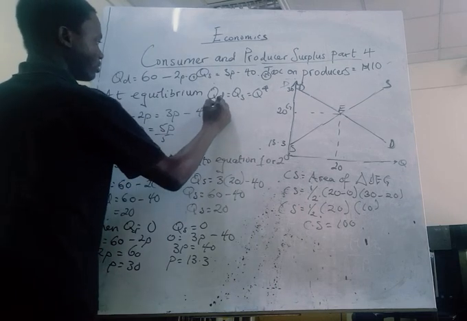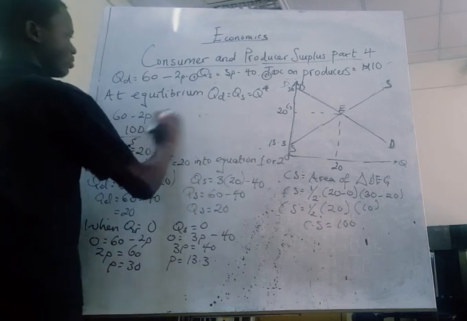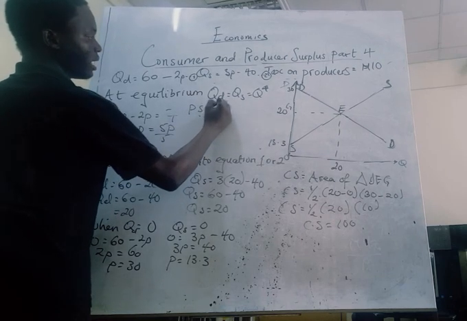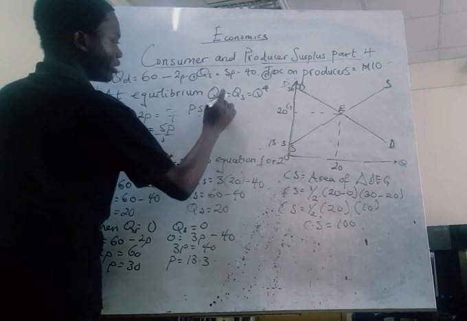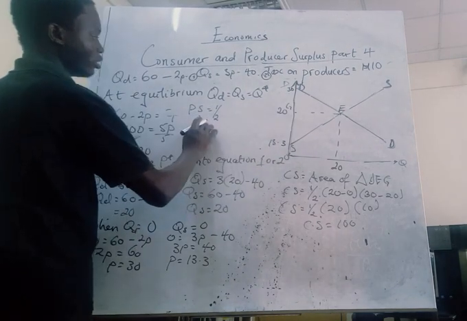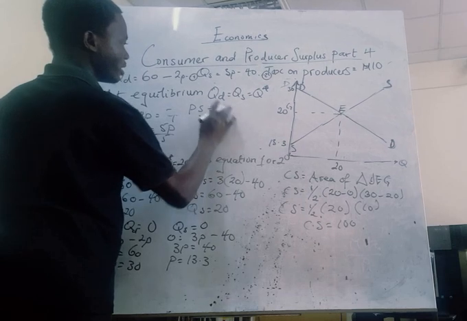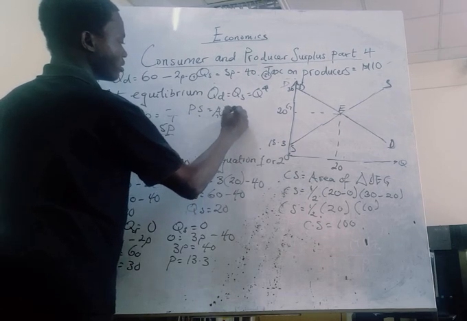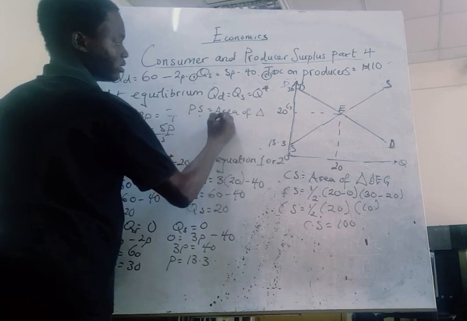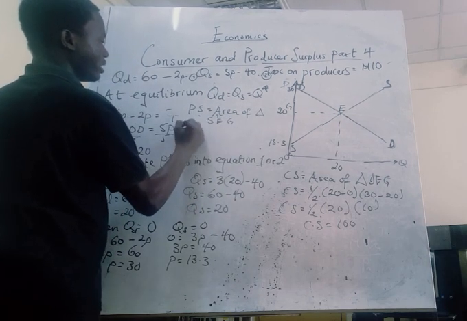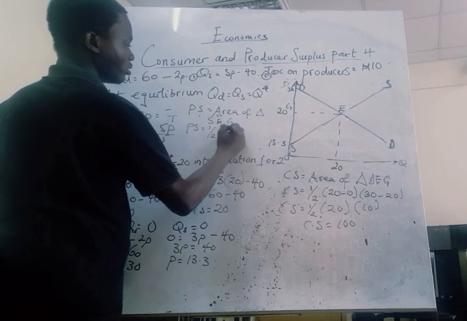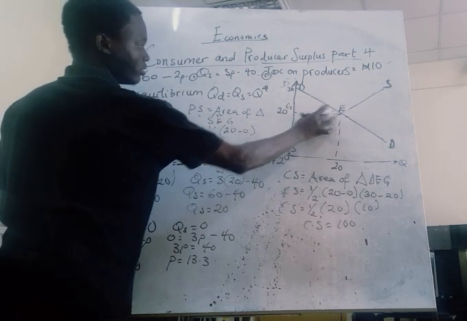Let's just do that here. Our producer surplus equals half, area of triangle SEG. So PS equals half. The base is 20 minus 0, from here to here.